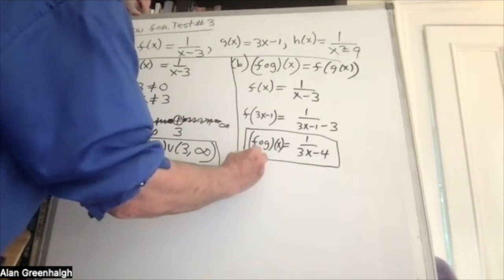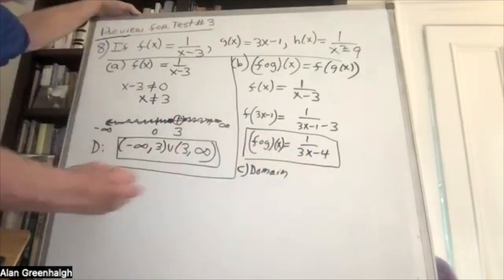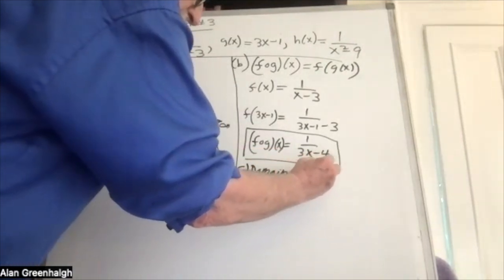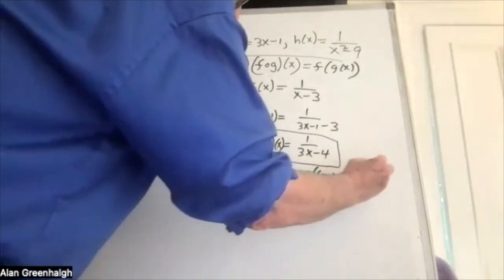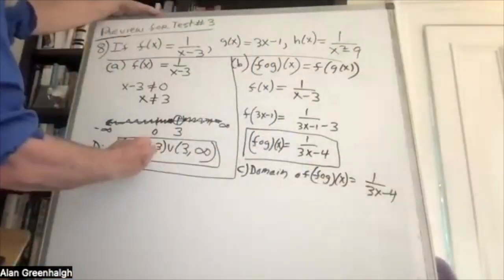So C is find the domain of this expression. So the domain of f of g of x is done the same way we did this.